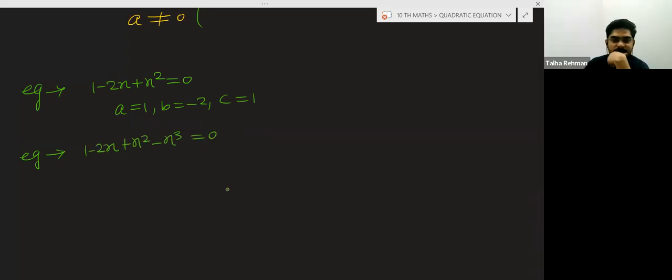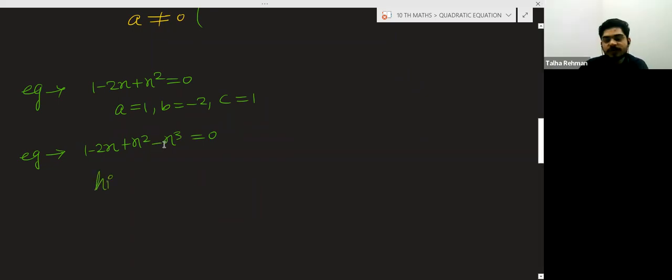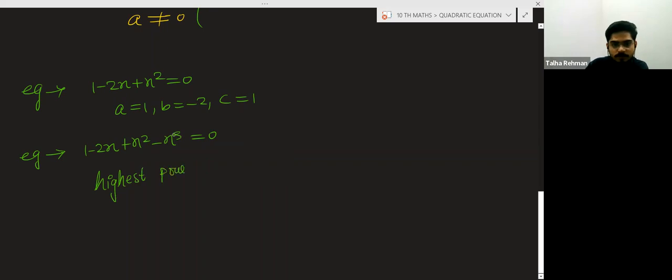Here, this is not a quadratic equation because the highest power of x is 3. But for a quadratic equation, the highest power of x is equal to 2. So you can say it is not a quadratic equation.